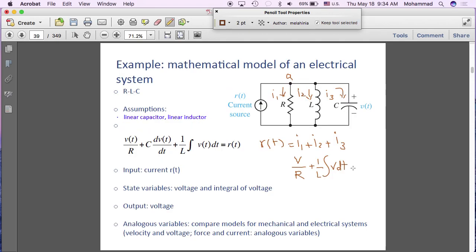So we have plus C dV over dt. All these three added up is equal to R(t), which is the input current. So that's our basic equation. We are relating our input R to our output voltage through that equation.